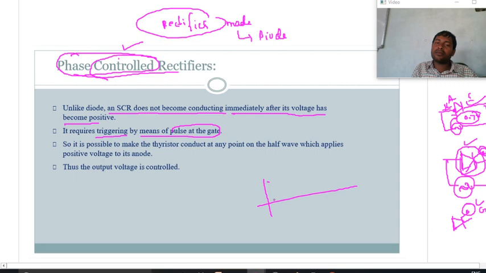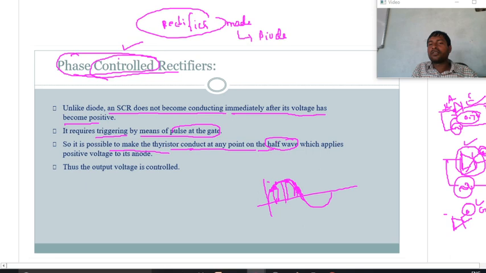This SCR will turn on at this point, or at this point, or anywhere we want. If you give the gate pulse here, it will turn on from this point onwards. So it is possible to make a thyristor conduct at any point on the wave.